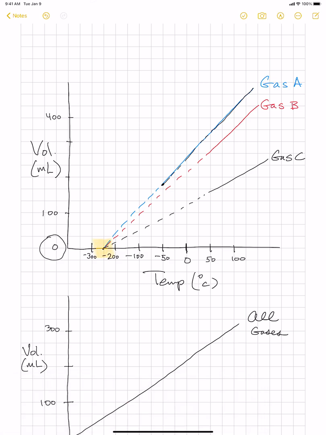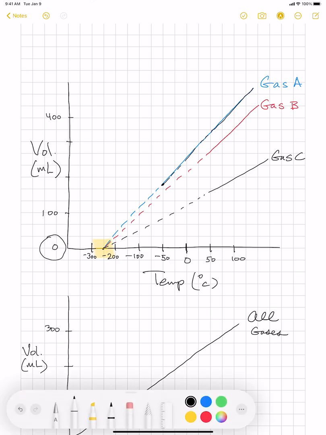So no matter what gas you examined, every time you cooled it down and extrapolated it back to zero volume, you would always end up at the same temperature. And notice that that's well below zero.